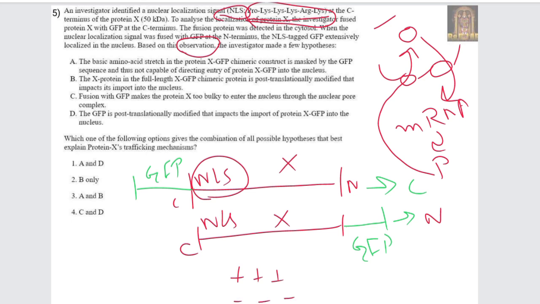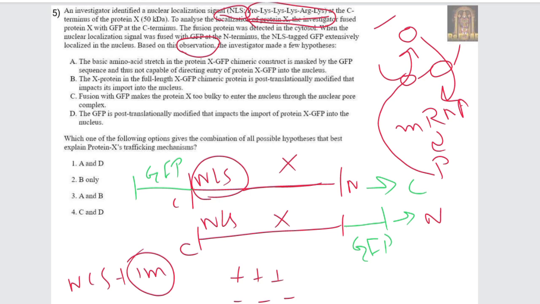So the interaction happens between the NLS and the importin protein. This kind of interaction is known as an electrostatic interaction. Depending on the interaction, importin pulls the NLS-containing proteins inside the nucleus.